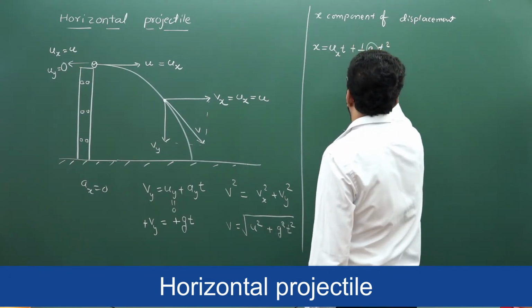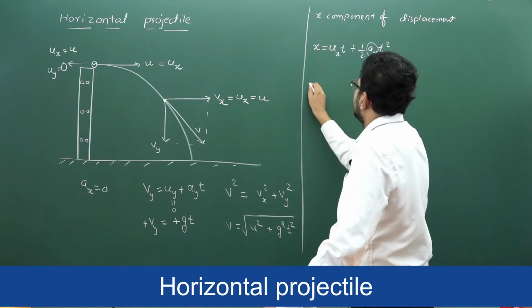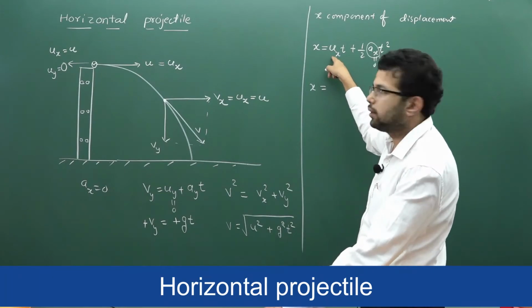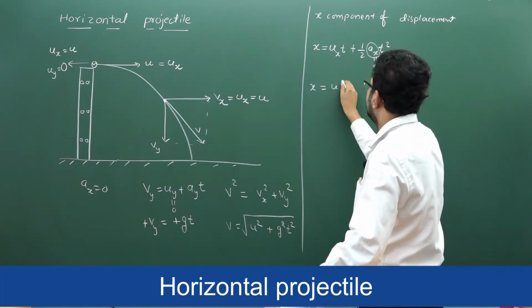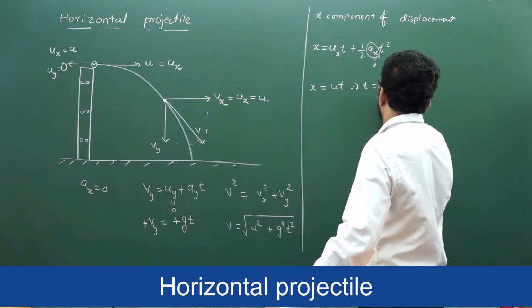We know ax is 0, the horizontal component of acceleration is 0, so x equals the horizontal component of velocity, the initial horizontal component, which is u itself, into t, or t is equal to x by u.